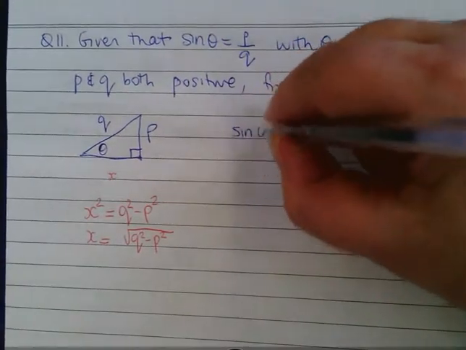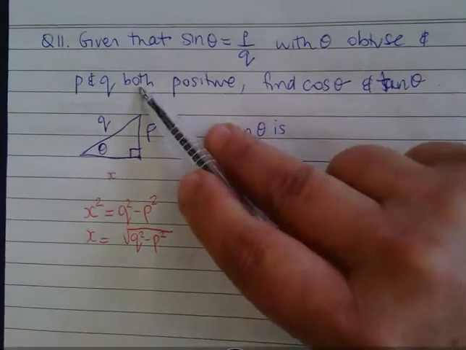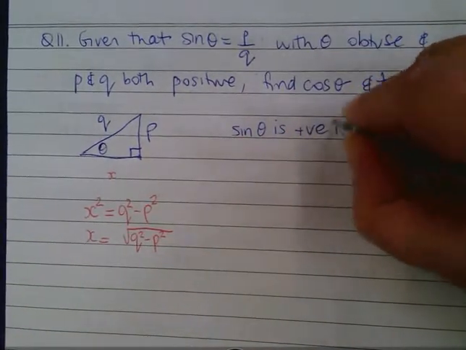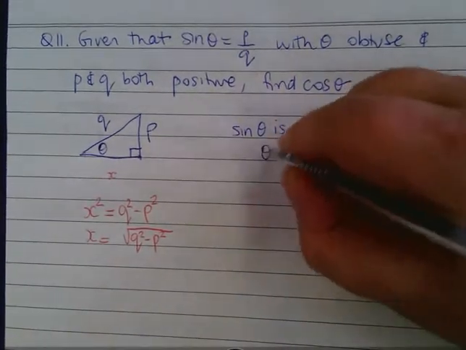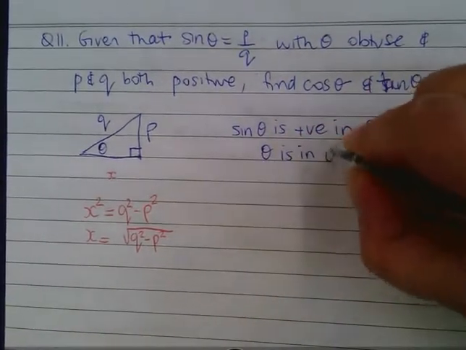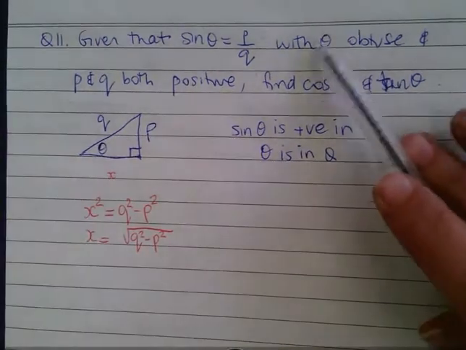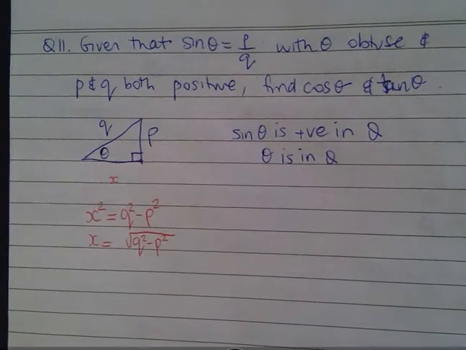So sine theta is, well, if P and Q are both positive, then sine theta is positive in quadrants, and theta is in quadrant, because they've actually told you what theta is. Theta is obtuse. What quadrant's that?